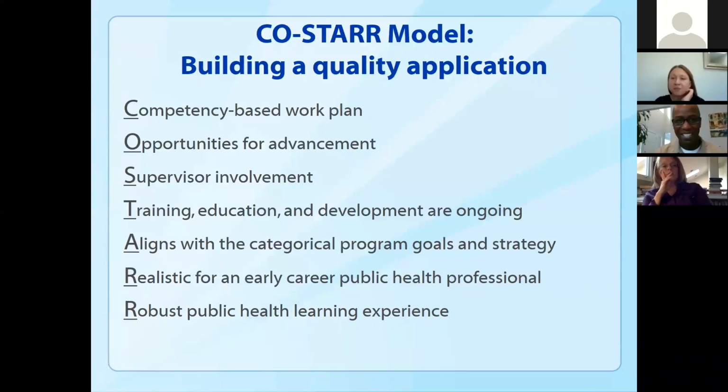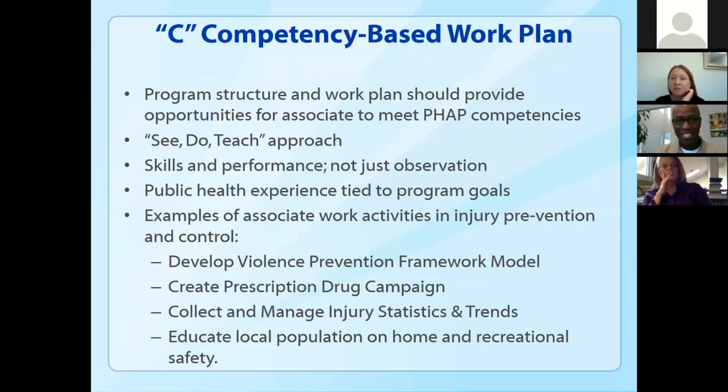So when you're building your application, it's based upon a competency work plan, opportunities for advancement, supervisor involvement, training, education, that it aligns with your program goals and is realistic and robust. And what we're going to do for the remainder of my talk is really talk through what this means on your application.